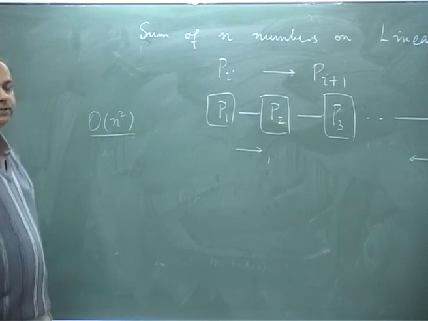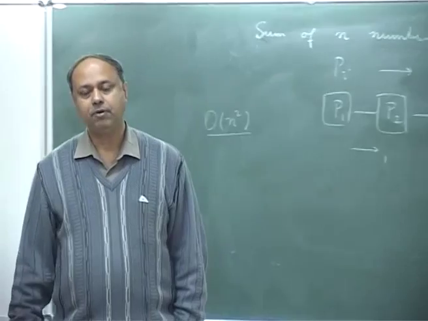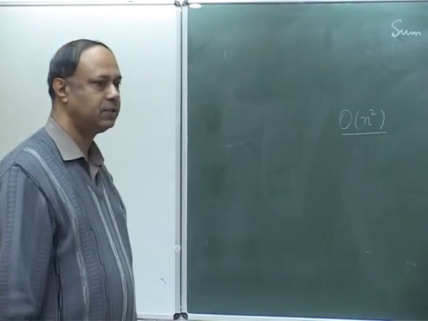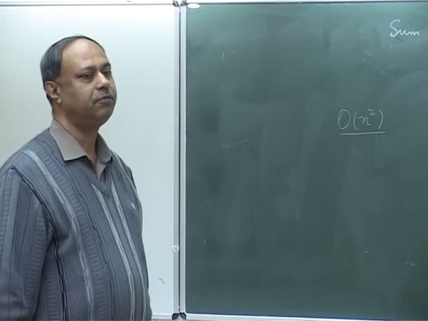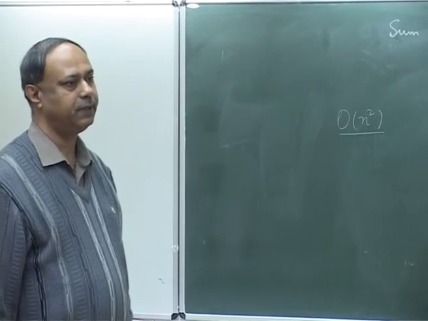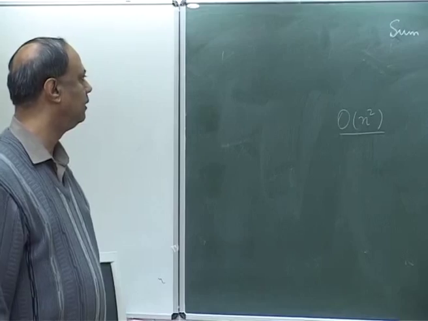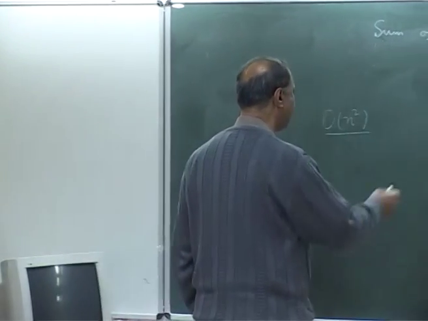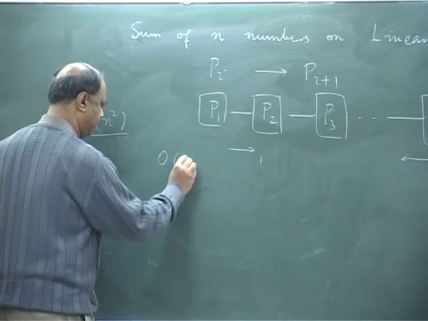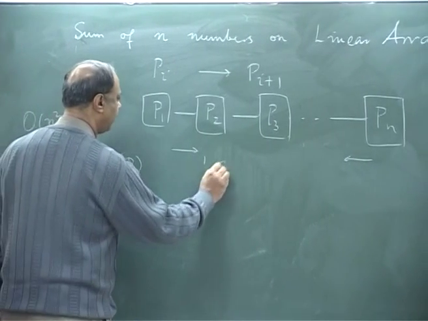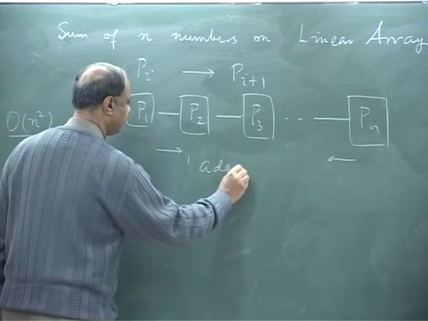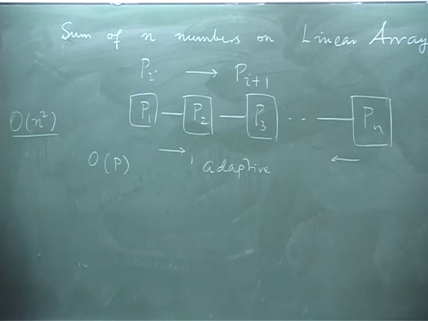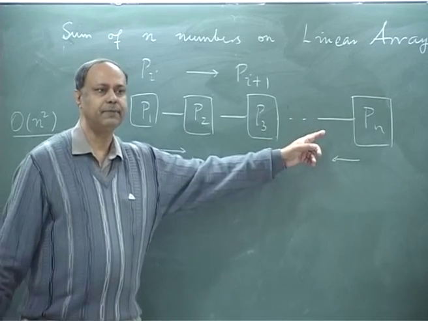You have used n processors, order n time, so order n square is the cost, which is far away from the cost optimality. However, you can think about this: if it is adaptive, you need order p time. In case of adaptive, you need p time to find the sum of p numbers.